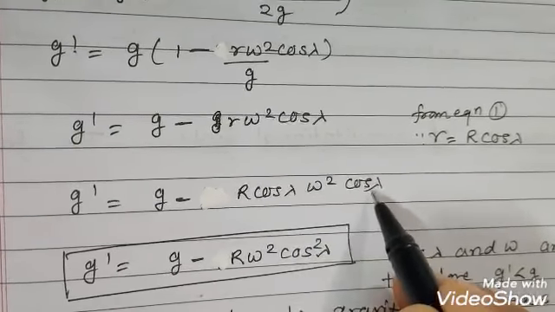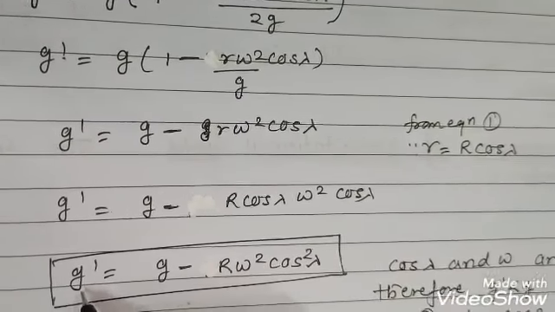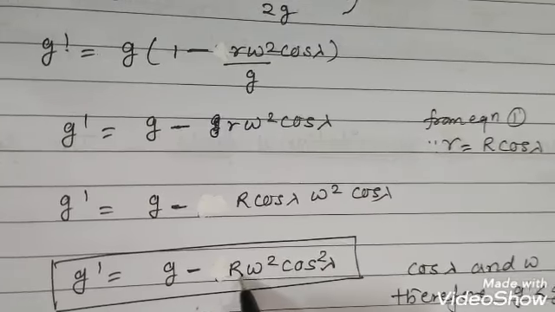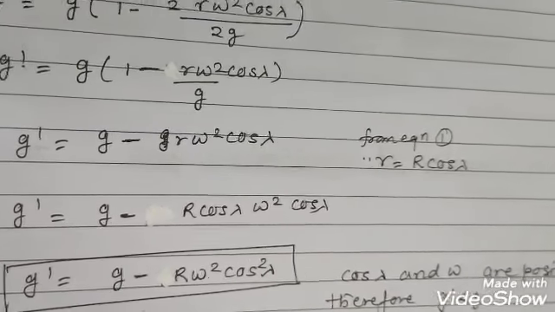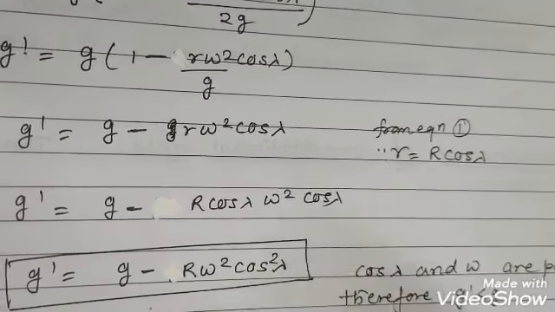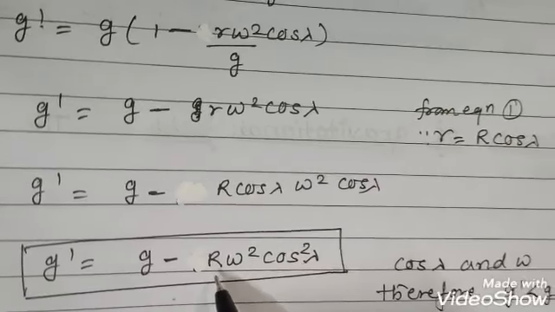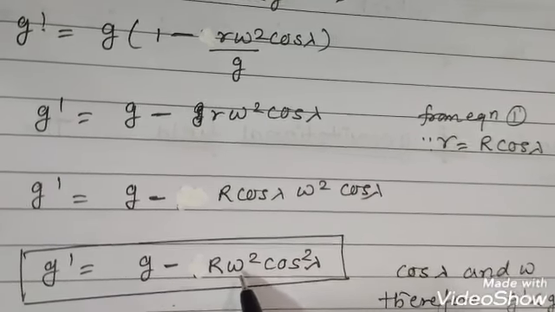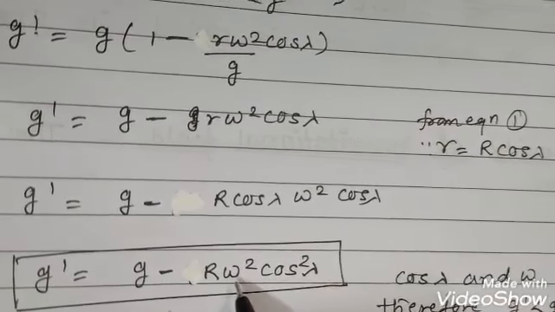Cos lambda will be cos square lambda, so the formula comes here, that is g' equal to g minus R omega square cos square lambda. Now what you will see here, R is a constant quantity, that is the radius of the earth. The variable quantity is omega square, that is the angular velocity of the earth.